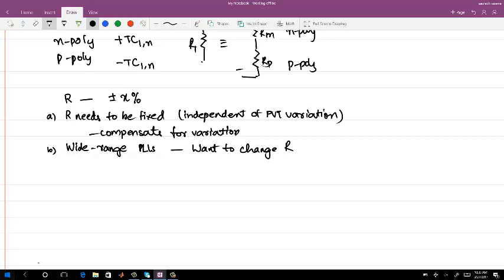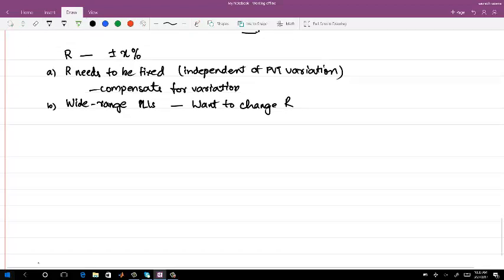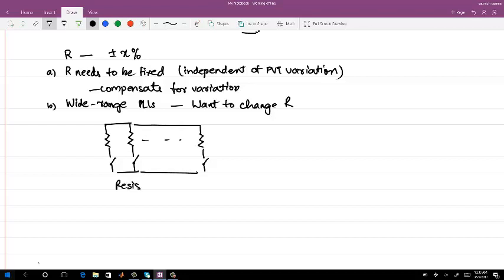Resistor bank is the easiest one. You can use a resistor bank to vary R. But any bank will always limit you within a certain resolution.